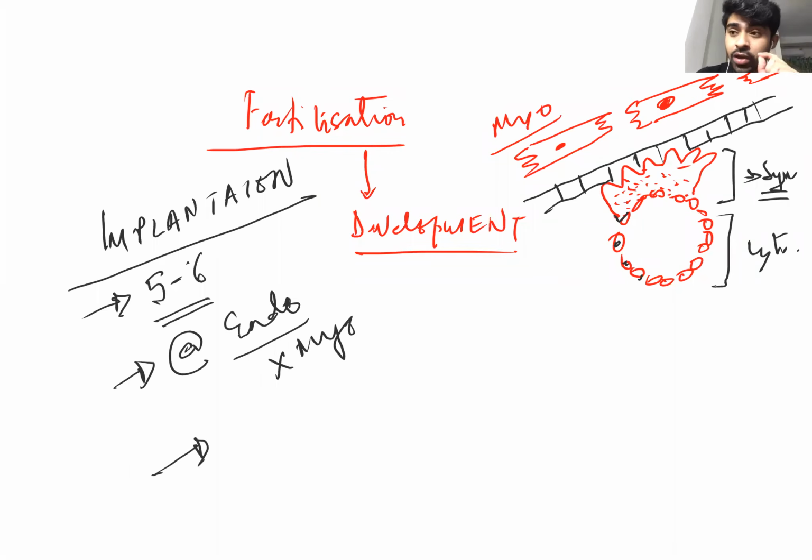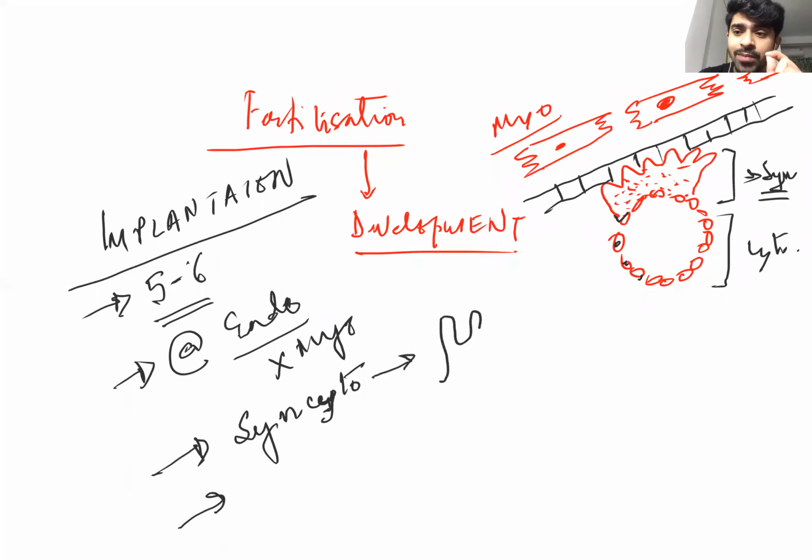Point number 3, which layer helps in implantation, cytotrophoblast or syncytotrophoblast? If you have proper knowledge, you can easily expect that it is syncytotrophoblast. Can you tell me how the syncytotrophoblast is helping in implantation? The answer is syncytotrophoblast is forming some finger-like projections.